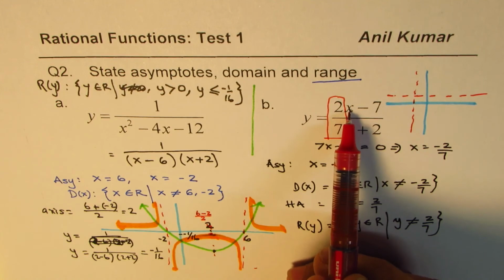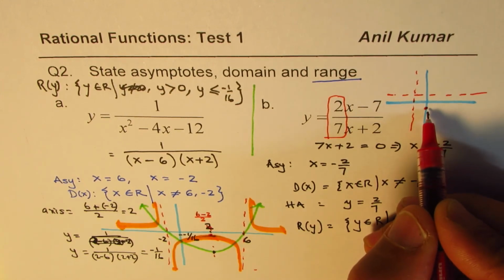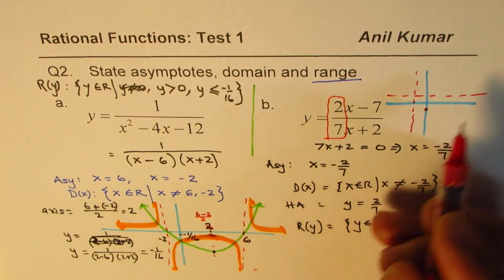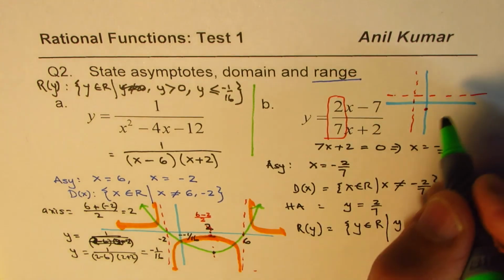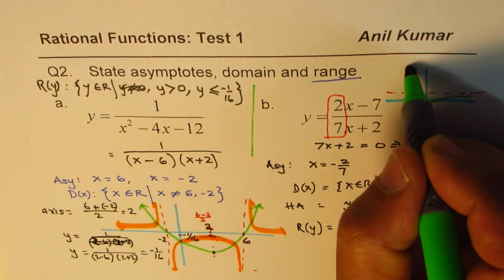If you substitute x equals 0, you get minus 7 over 2, some negative number, that's what I'm trying to say. And the x-intercept is when the numerator is 0, which is 7 over 2, somewhere there, right? So that kind of gives you the diagram. So you could say that this is kind of like this. Is it okay?